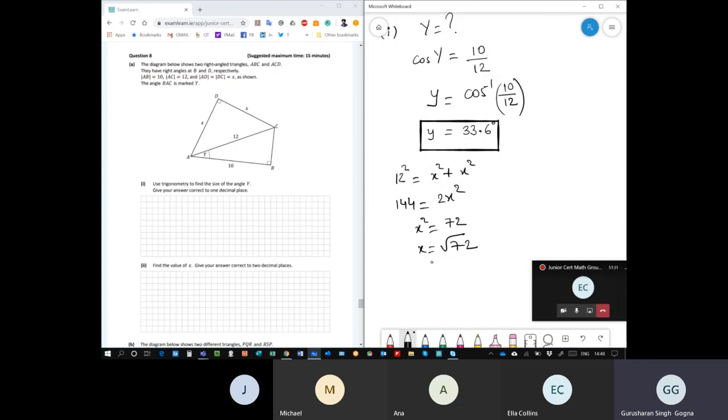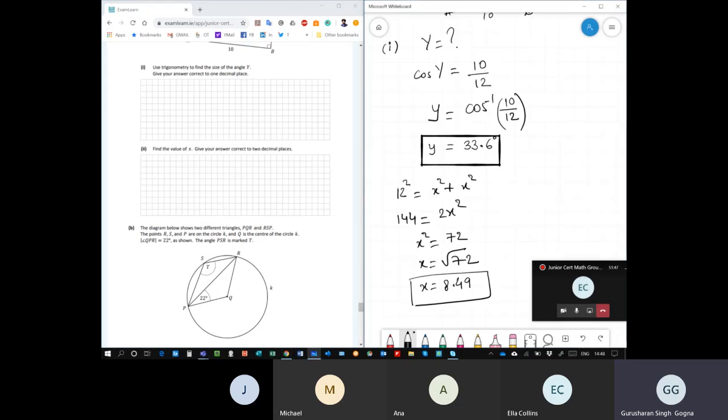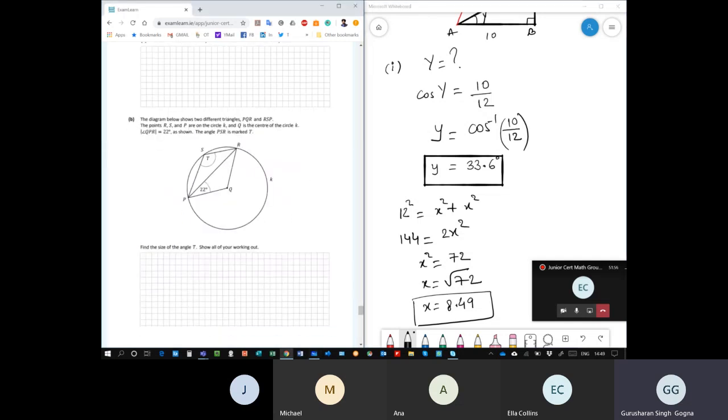So square root of 72 up to 2 decimal places is 8.485. So 8 point, I would say maybe 49. That's the answer for x. In the first part we used trig ratio, and in the second part we used Pythagoras theorem because it involved 3 sides.